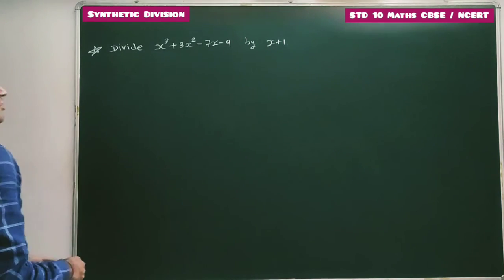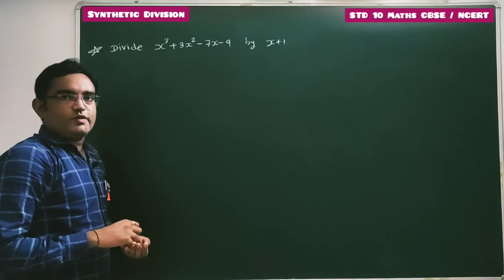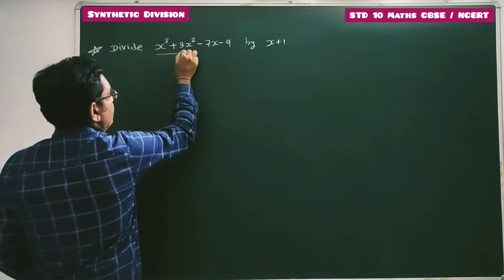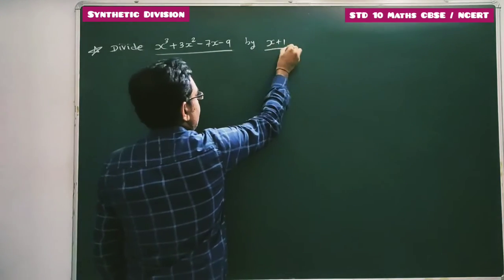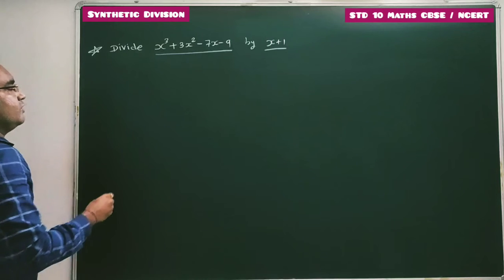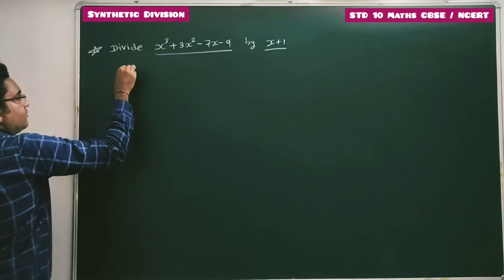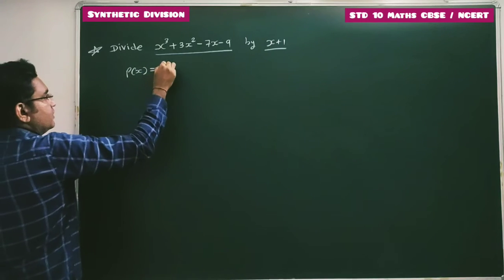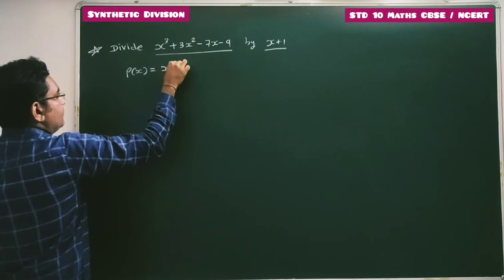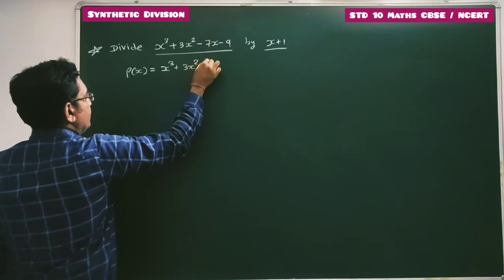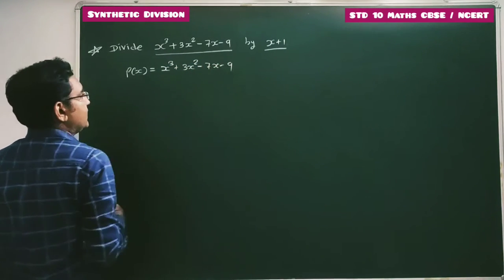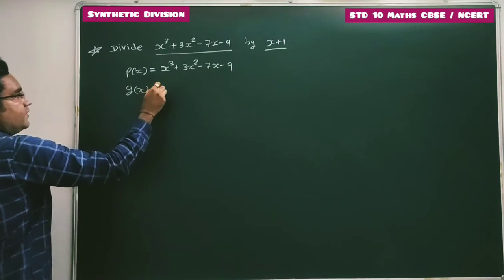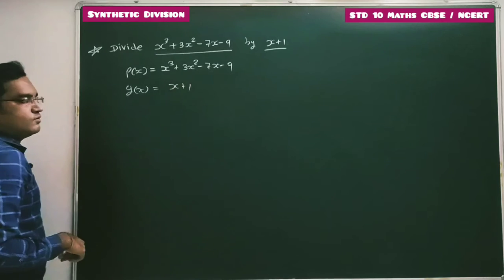Okay, students, let's try one more question. Here we have to divide x cube plus 3x square minus 7x minus 9 by x plus 1. The polynomial p of x with the highest power is the dividend polynomial, x cube plus 3x square minus 7x minus 9, and g of x is our divisor polynomial, x plus 1.